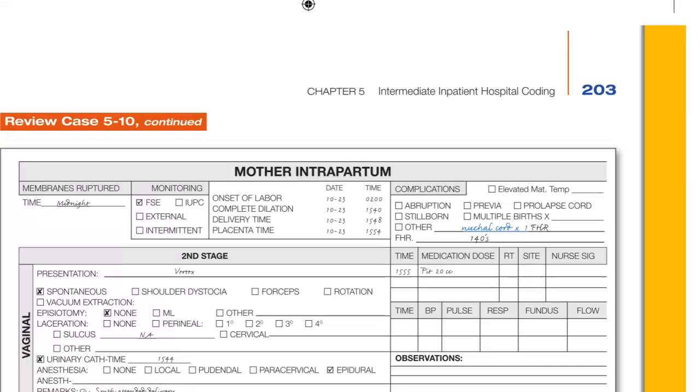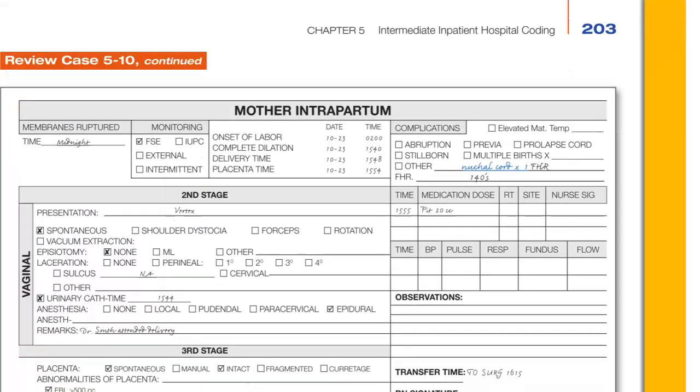Okay, so the intrapartum record is part of the hospital delivery documentation. So we have that our patient's membranes ruptured at midnight, right? We knew they ruptured prematurely. It said right here. Her labor started at 2 a.m. She was completely dilated at 15:40.